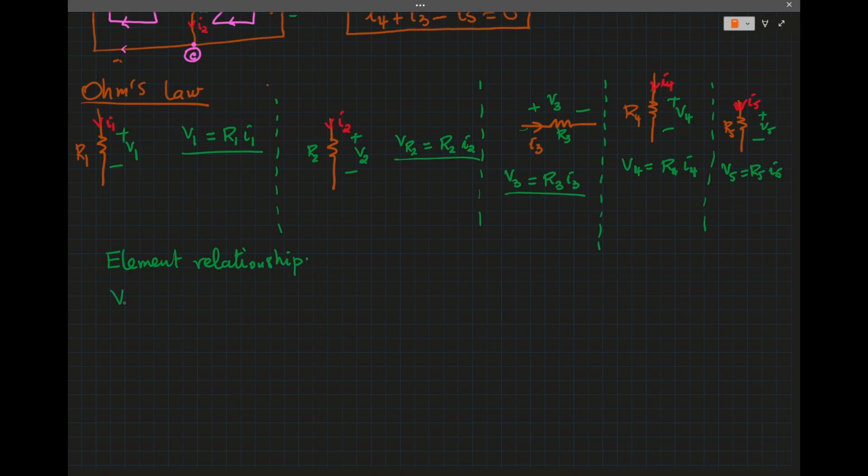We have V1 equal to R1 I1, V2 equal to R2 I2, V3 equal to R3 I3, V4 equal to R4 I4, and at last V5 equal to R5 I5.